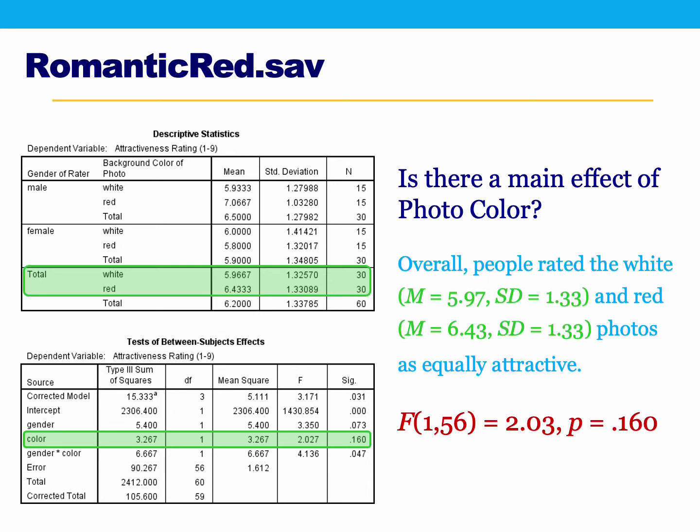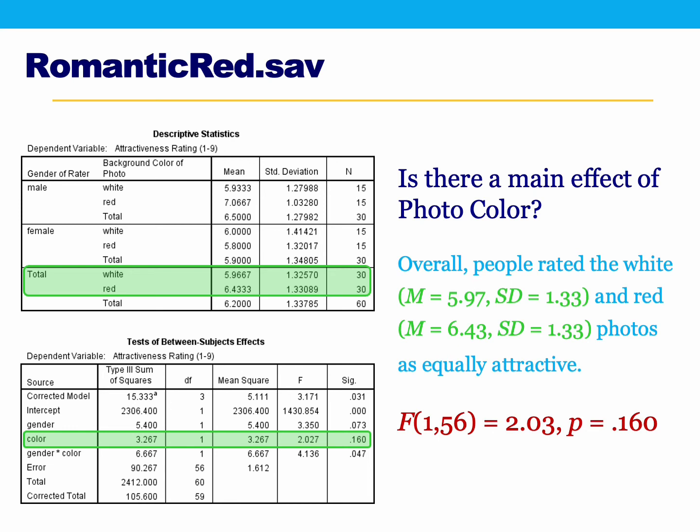Just like for the ANOVA table, we have our sum of squares, our degrees of freedom, our mean square, our F, and our p-value. The F and the p-value are the things that we are interested in.